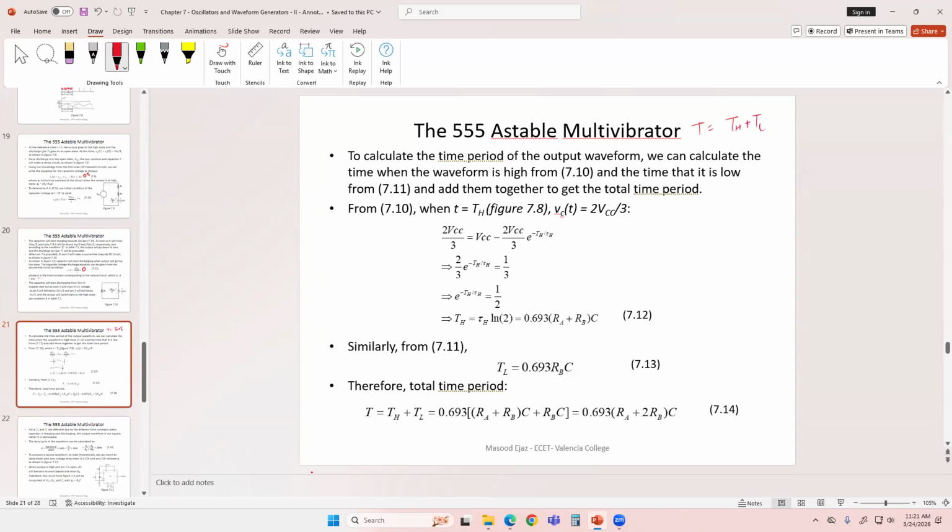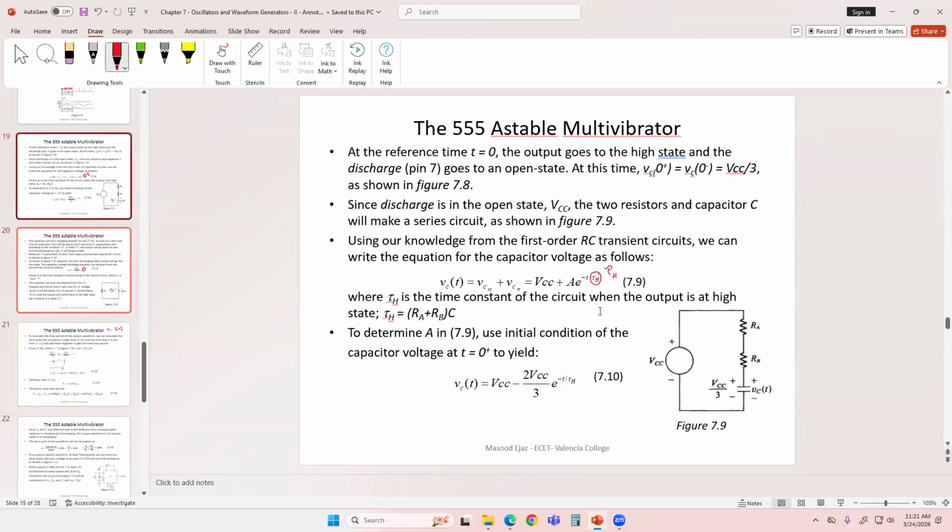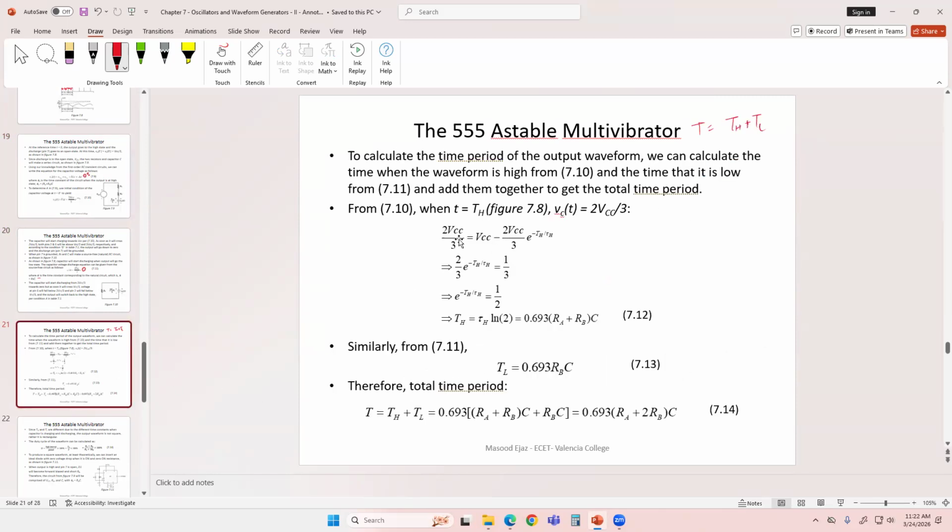High time we can figure out from our first circuit, from the 7.10 equation, which is the equation for the first circuit. So when your time is TH, the value of the capacitor voltage is 2 VCC by 3, and that's what we use here.